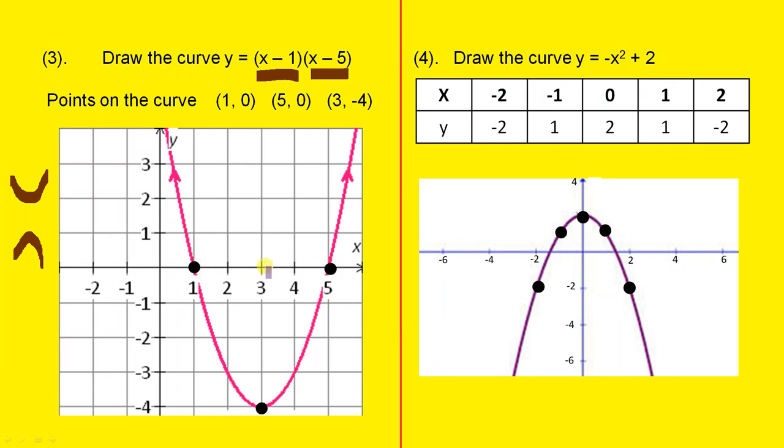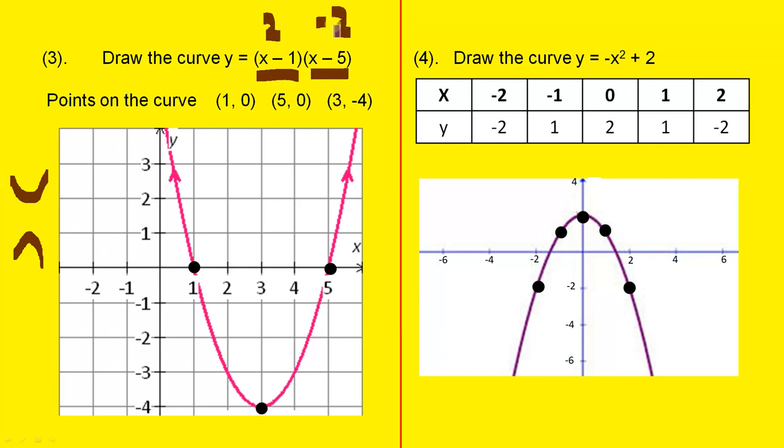So the middle of those 2 points is 3. That's the midpoint. So you put 3 in here. So 3 minus 1, that gives you 2. So that value there is 2, okay? When you substitute 3 in there, that gives you minus 2, okay?